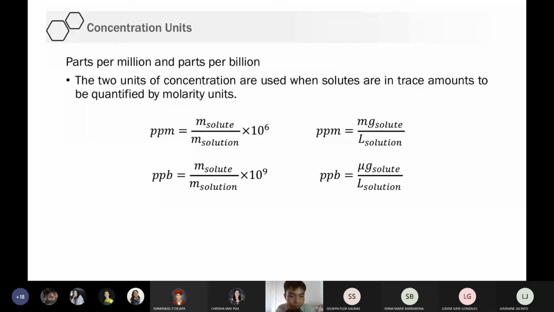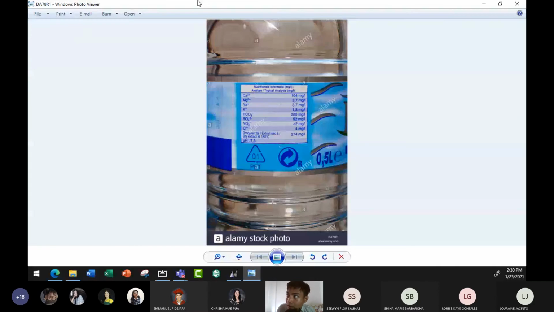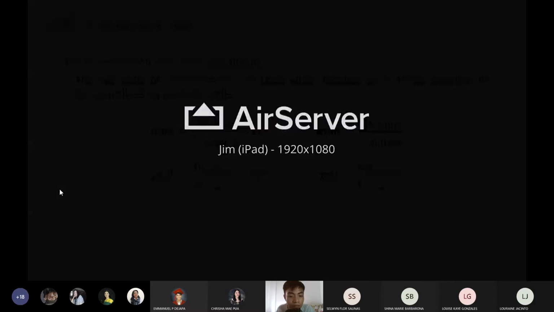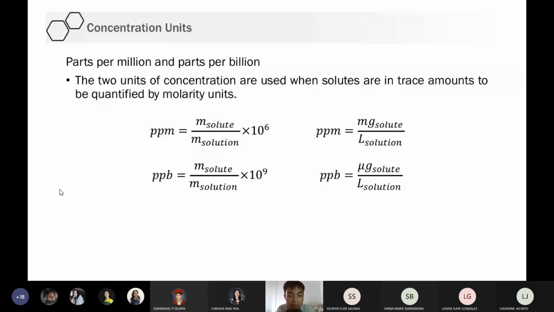Ang difference ng parts per million and parts per billion is that ginagamit lang siya, mamaya may kinalaman yung water bottle dyan, kapag ang ating solute ay super duper onte yung dami niya. Now, very, very tiny amounts of solute in our solution.